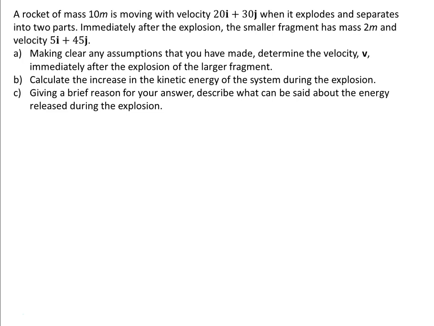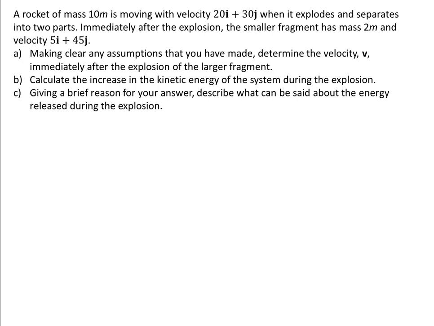Now for our second example, we have a rocket of mass 10m moving with velocity 20i plus 30j. So that's a vector velocity of 20 in the x direction and 30 in the y direction when it explodes and separates into two parts. Immediately after the explosion, the smaller fragment has a mass of 2m and a velocity of 5i plus 45j.